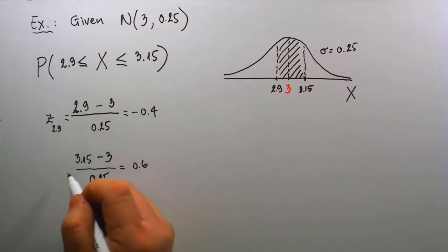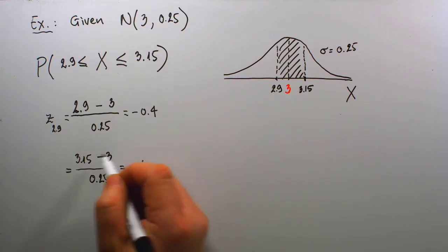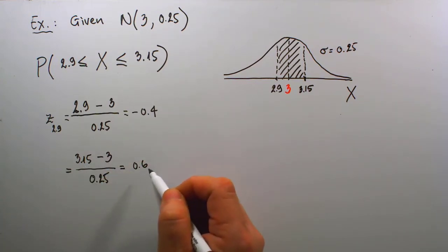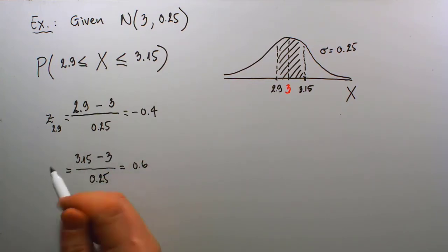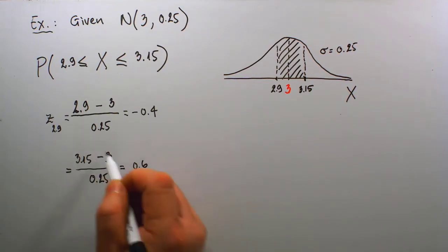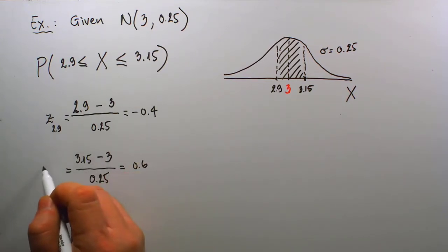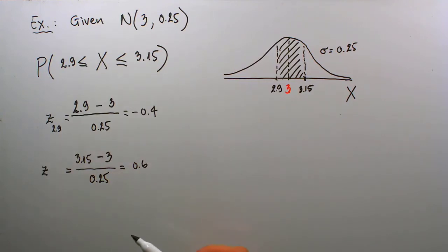And again, as I'm going slowly through getting this value 0.6, anyone viewing this video must realize that this setup is the calculation for a z-score. Specifically, this is the z-score for our upper value, 3.15.